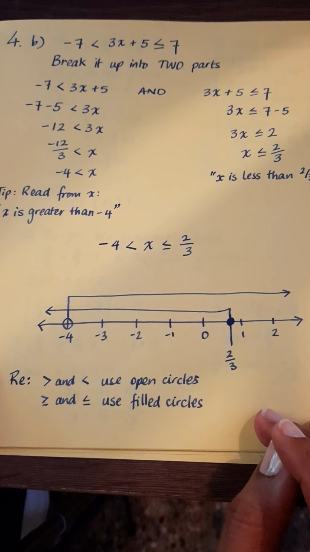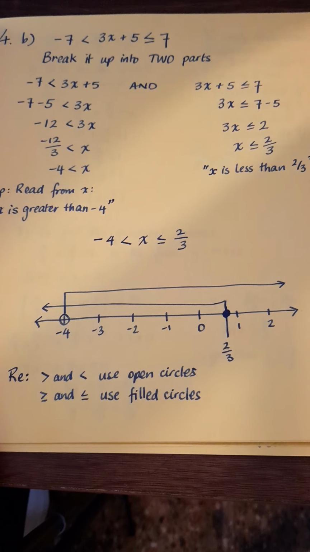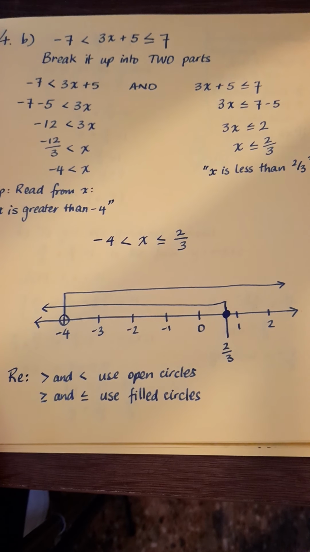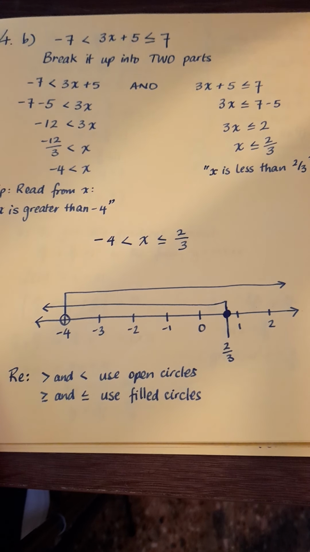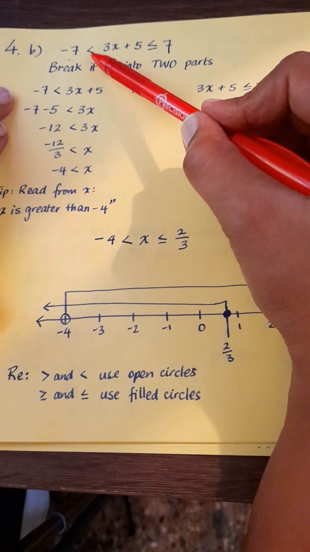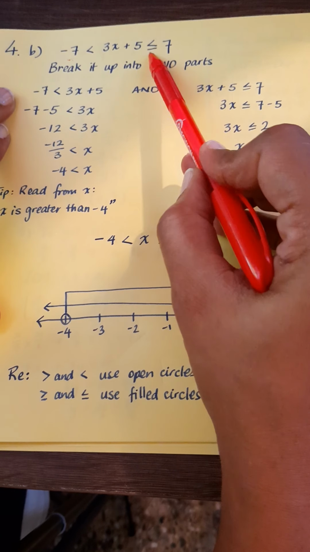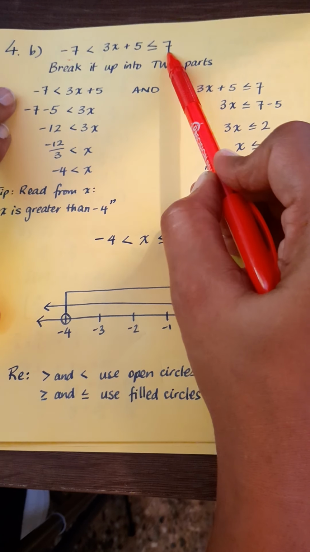All right. So for part B, we had an inequality. Given that x is a real number, solve the inequality, and it is a two-part inequality. Minus 7 is less than 3x plus 5, which is less than or equal to 7.